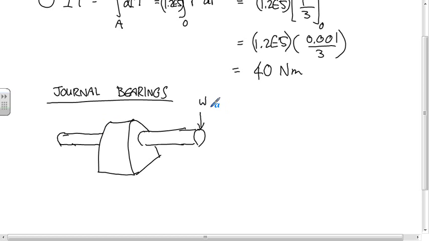The weight of something is split evenly over the two sides. So you have weight over 2 on one side, weight over 2 on the other side.